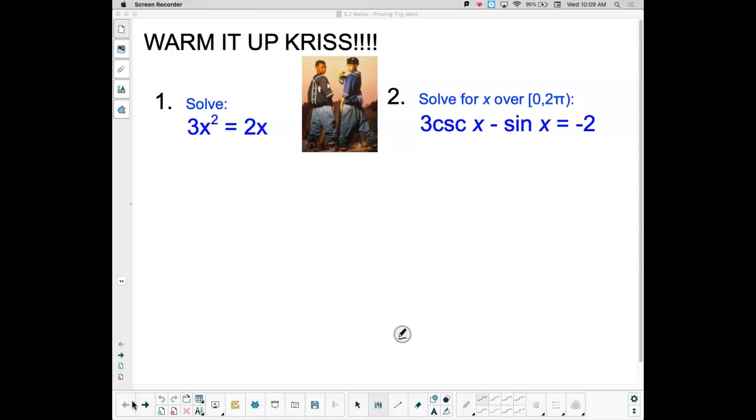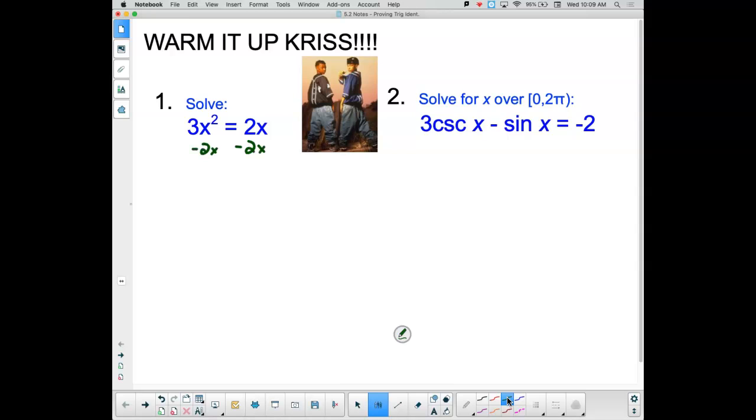When you're solving, what you need to do is get everything onto one side so that you have it equal to 0. So this would be 3x squared minus 2x equals 0. And then you factor. Okay? So here I would factor out an x.